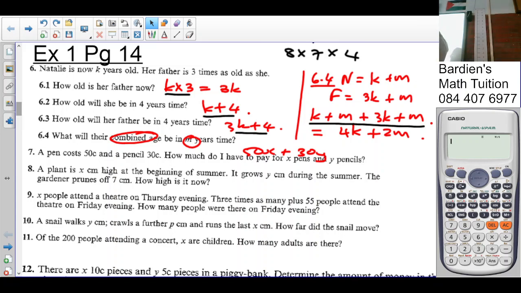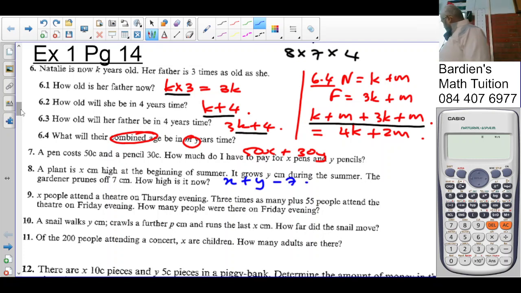It grows Y centimeters during summer, and the gardener cuts off 7 centimeters of its height. How high is it now? It's going to be X plus Y minus 7. You all agree with that?